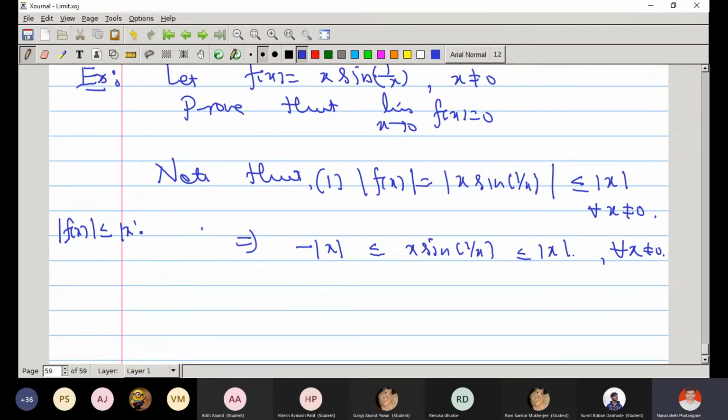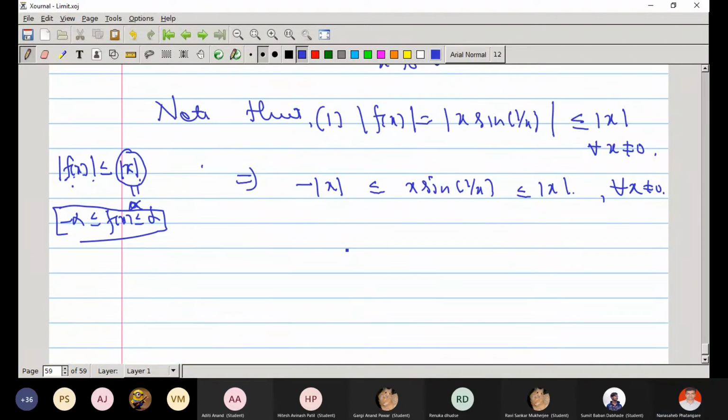Here the right hand side is the absolute value of x. This is true for every x. So the absolute value of x is a number, and the absolute value of f(x) is the quantity inside the modulus, which is the same as saying alpha. The absolute value of f(x) is less than or equal to alpha means minus alpha less than or equal to f(x) less than or equal to alpha. This is an inequality you know, right? Am I right?